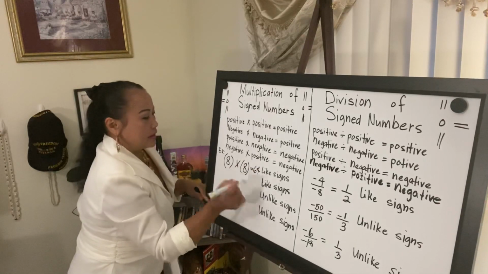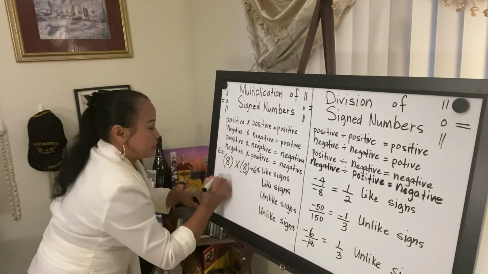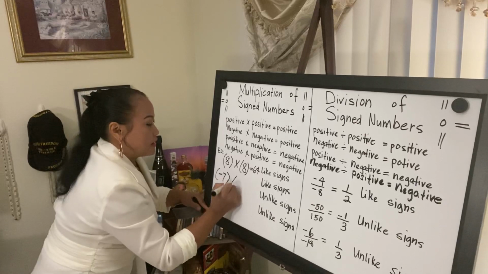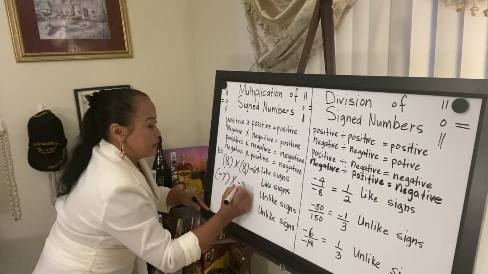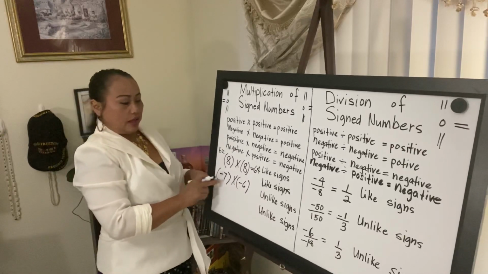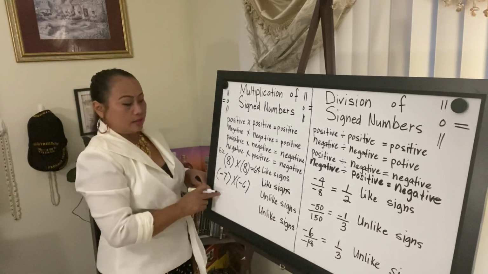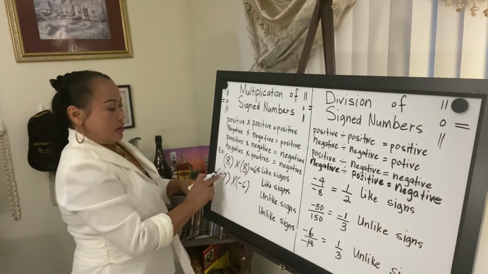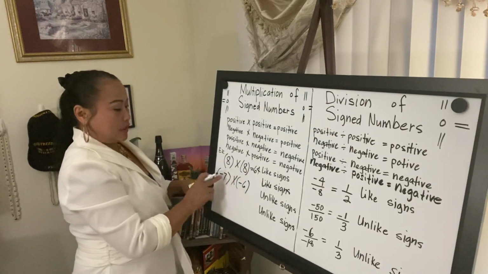And then let's say another like signs. Negative 7 times negative 6. It has like signs. So first you simply multiply the integers, which are 7 and 6.